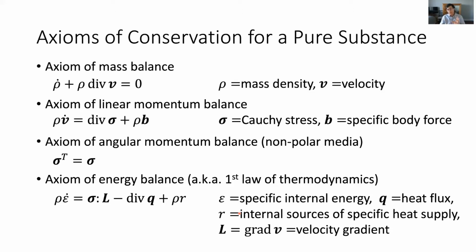This is something that I'm presenting in a way that is not the standard way. I want to emphasize this. R could also be the source of heat generated by reactions. L here is the velocity gradient. It's the standard notation. Okay, so these are the axioms of conservation. So those are the general axioms. These equations are not sufficient to solve for all the unknowns that appear.